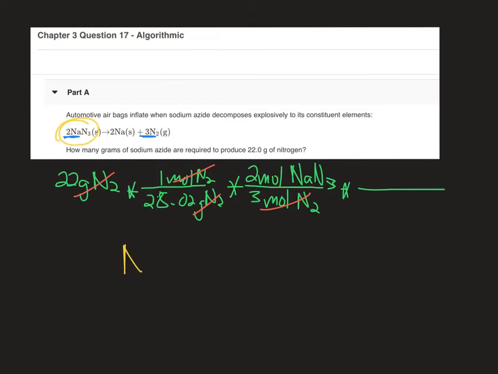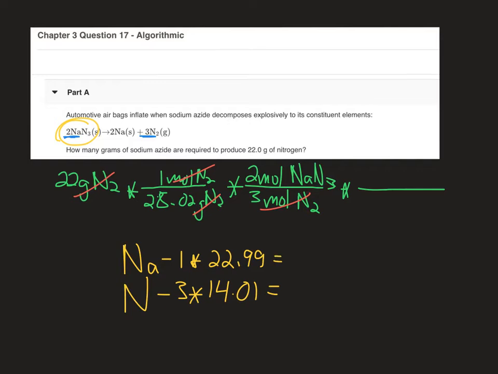That would require us to look and say I have 1 sodium, 22.99, and nitrogen is 3 times 14.01. Something that, again, a lot of students will forget, but hopefully you remember at some point so that you do actually end up doing this. And it is done.